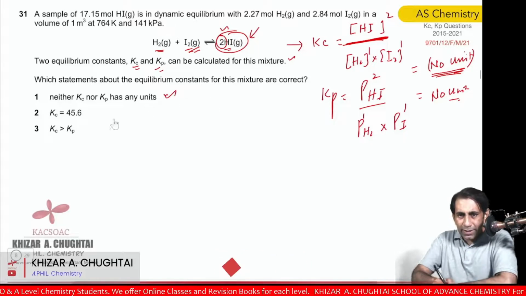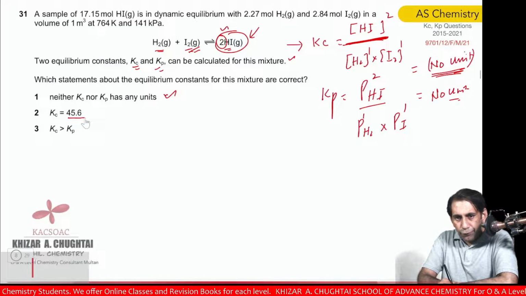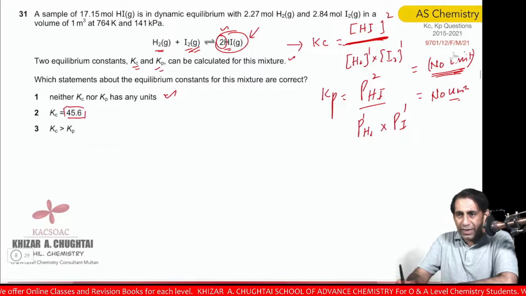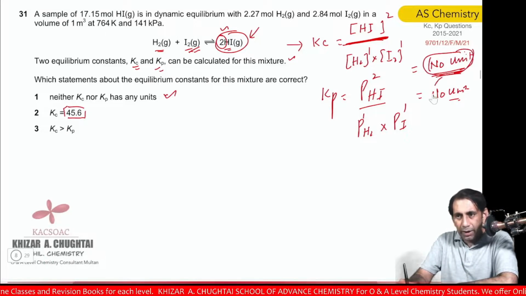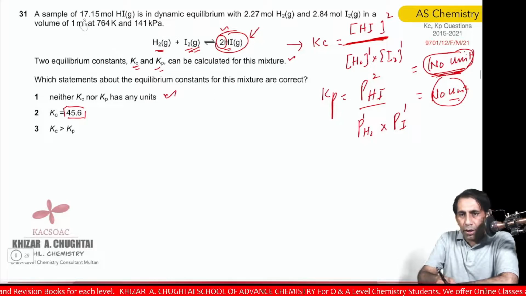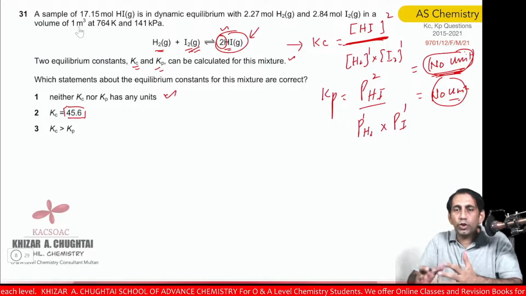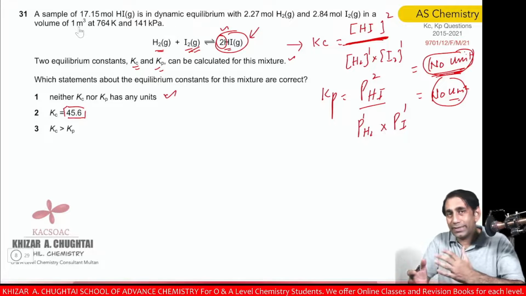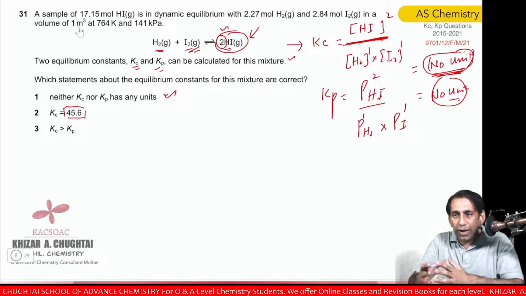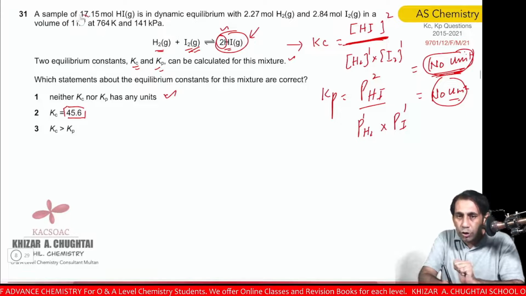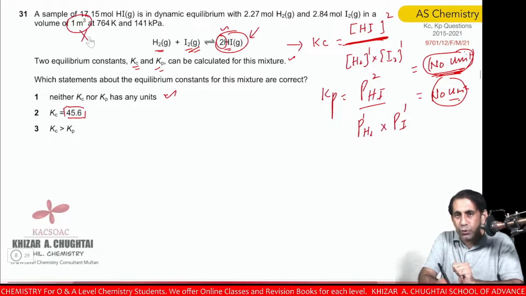The next one is Kc is equal to 45.6. If there is no unit of Kc or Kp, then there is no need to find the concentration of the substances to calculate the Kc, right? There is a shortcut method. If you have no units for that reaction, then there is no need to convert this volume.